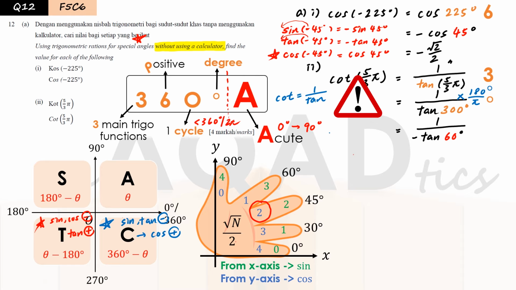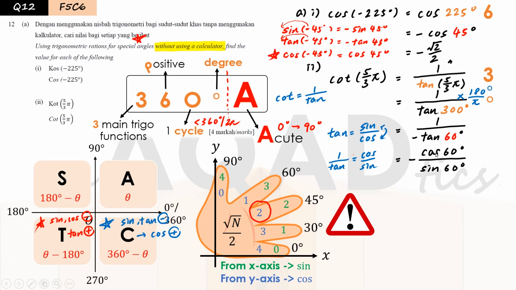We know that tan is equal to sine over cos, and since this is inverted, 1 over tan means these two switch places. So here will be cos over sine. The negative still remains, but the tan we change to cos over sine.